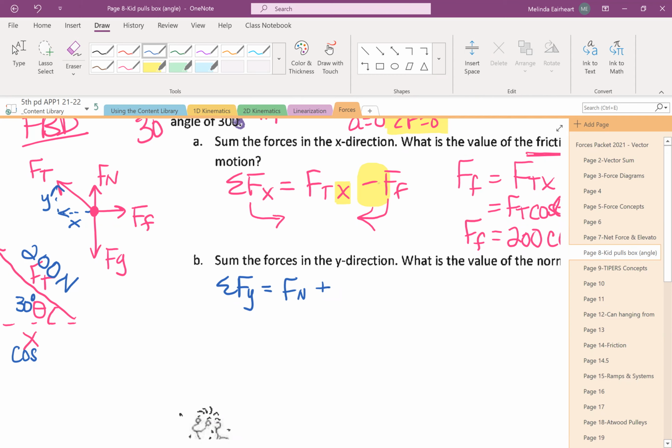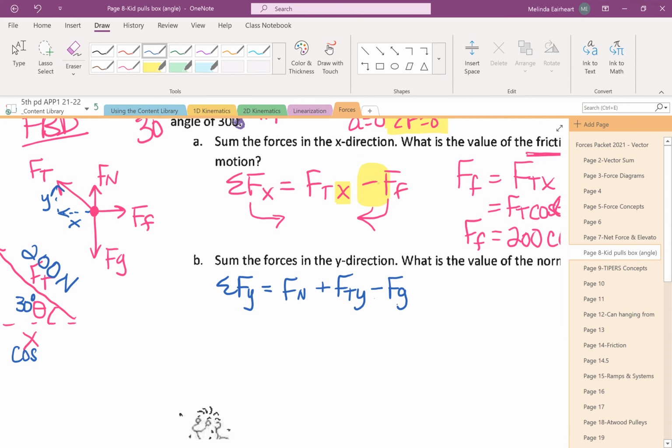The y component of tension. And then gravity is 180 degrees. It's downward, so plus a negative or minus Fg. And we're going to use this equation that we just wrote to solve for normal.